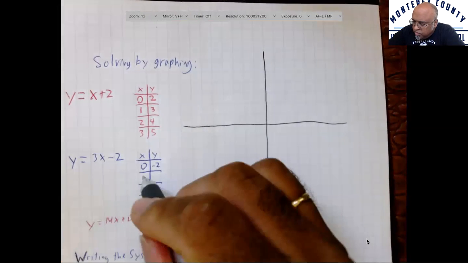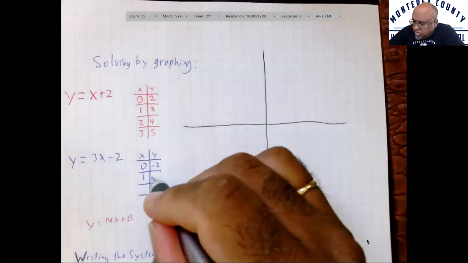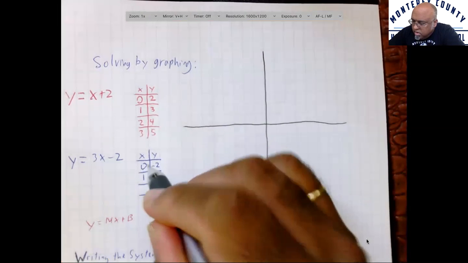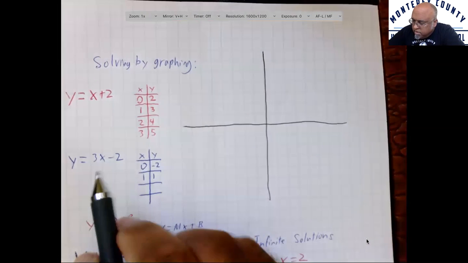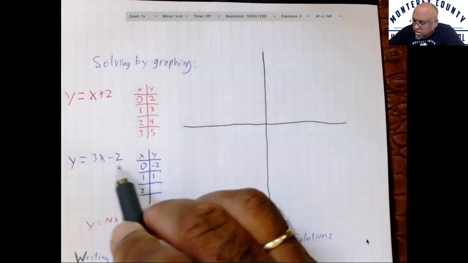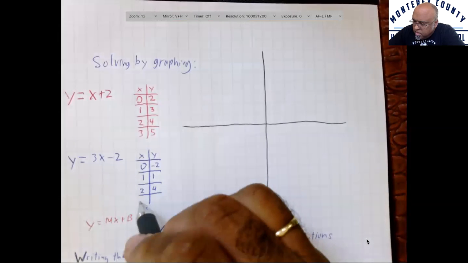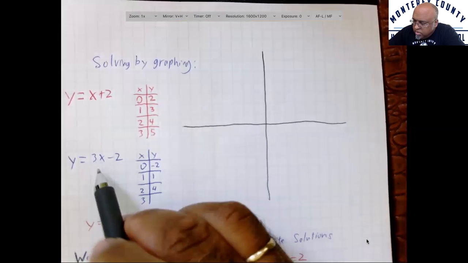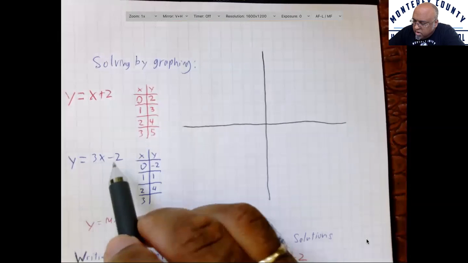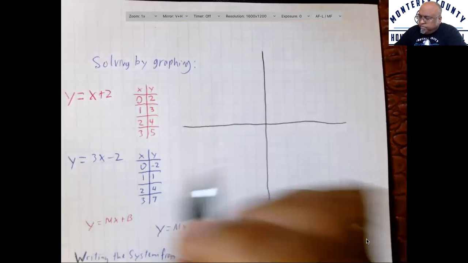If x is 1, 1 times 3 is 3, minus 2 is 1. If x is 2, 2 times 3 is 6, 6 minus 2 is 4. And if x is 3, 3 times 3 is 9, 9 minus 2 is 7.